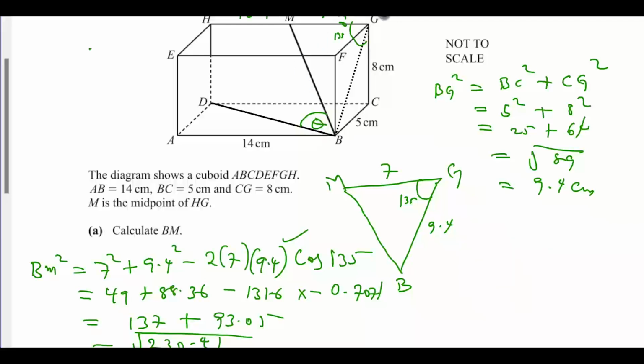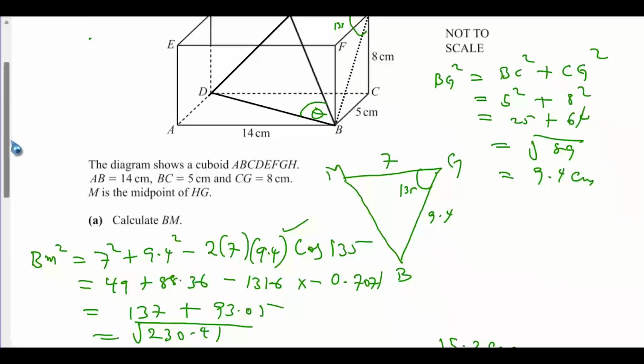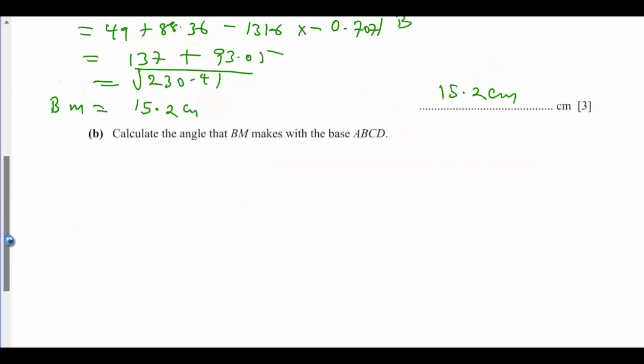What we can do is to join point M to point D again. We need to find sides BD and DM respectively, then we'll make use of cosine rule. Again, we've already found the value of BM. So I can go down and have the rough sketch here.